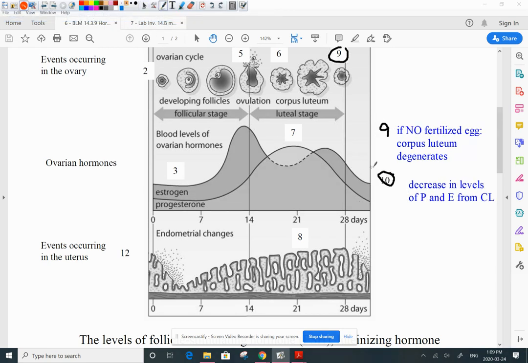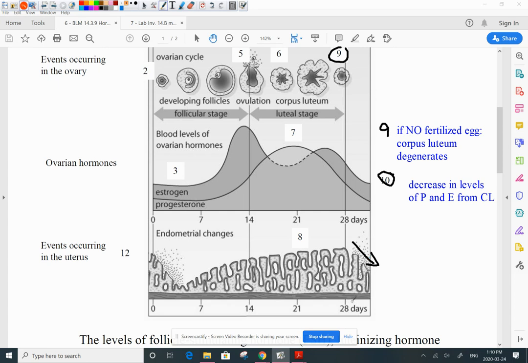And well, remember what we said that progesterone does. We said that progesterone maintains the endometrium. Well, guess what? If you're not maintaining the endometrium, then it is going to go away. And you can see right at the end here, as we have a decrease in progesterone and estrogen levels, the woman starts to shed her endometrium lining. And that's what a menstrual period is.